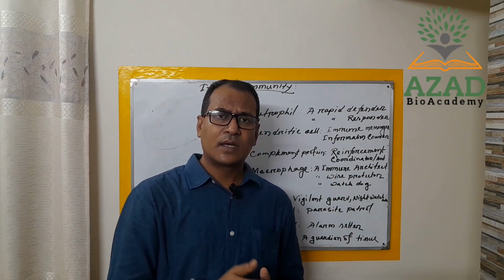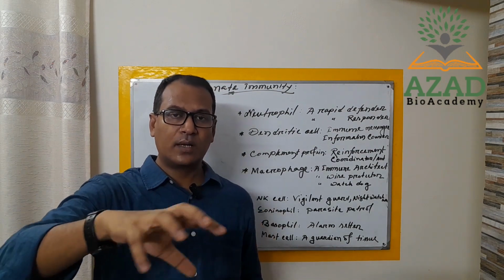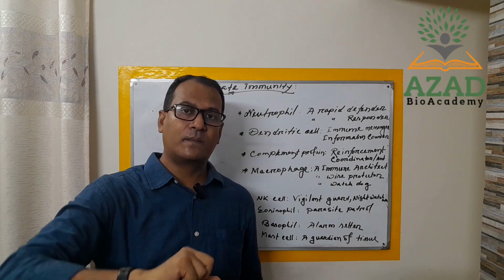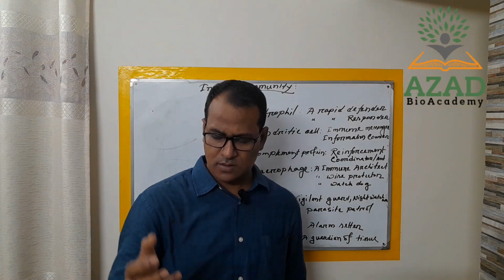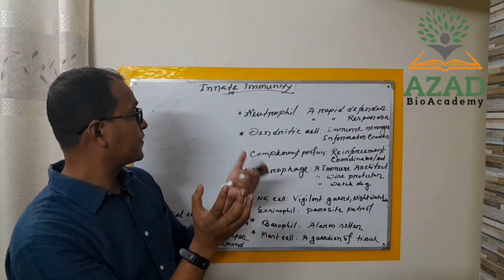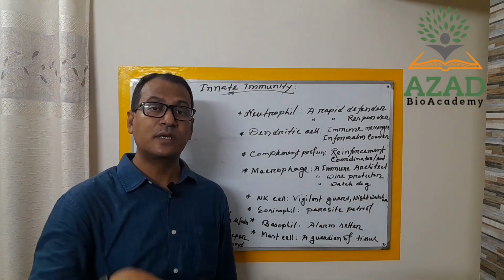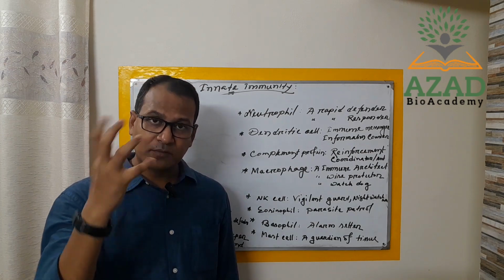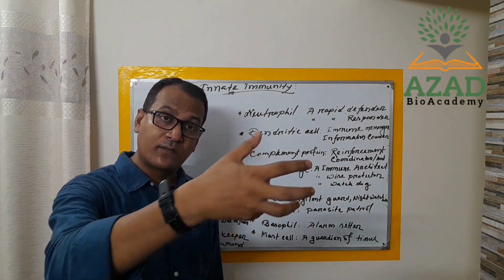So how will a local area prevent any enemies from entering? Okay, I'm going to talk about the involvement of different types of immune cells in innate immunity, and metaphorically I will try to explain it according to their function.